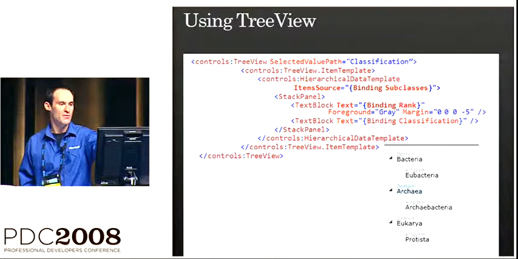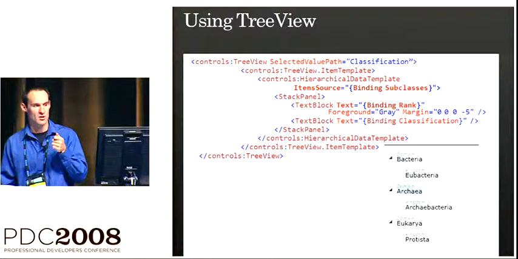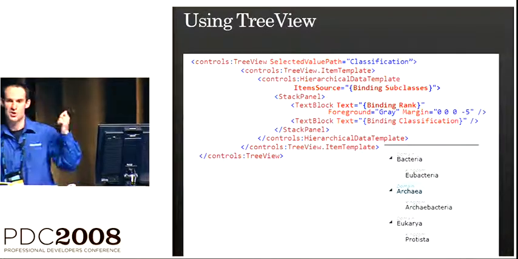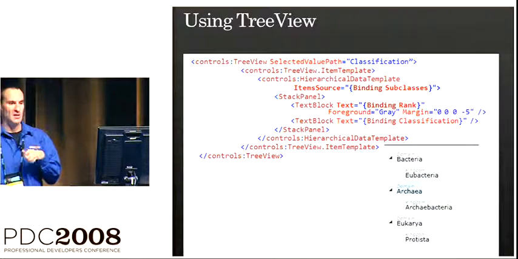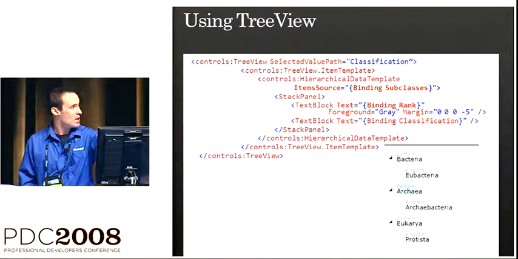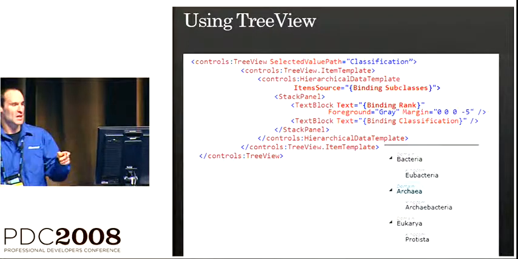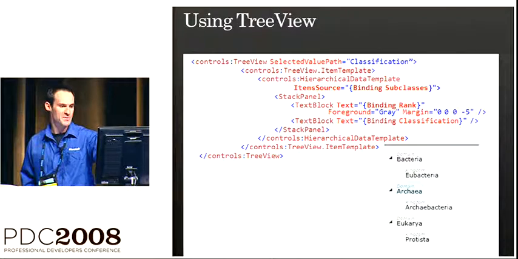Then it's going to look for a property on the object that it's walking called subclasses, and it's going to recurse. So it just becomes simply recursive. I've got an object here with a property called subclasses, which returns essentially an array of more of its own type. It's also got a property called rank down here at the bottom. Rank is domain, kingdom. And finally, the text is classification, which is bacteria. I don't know how to say any of these other words.